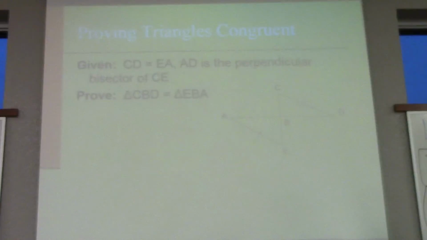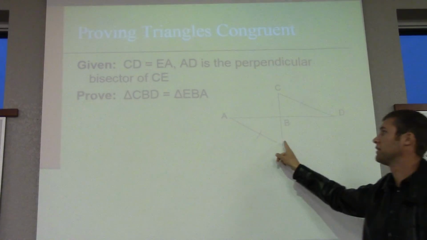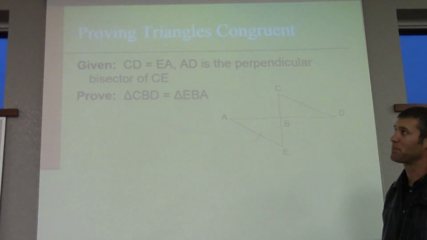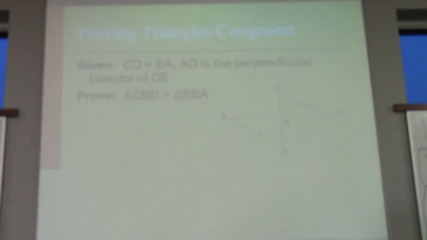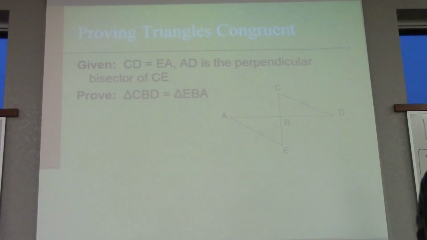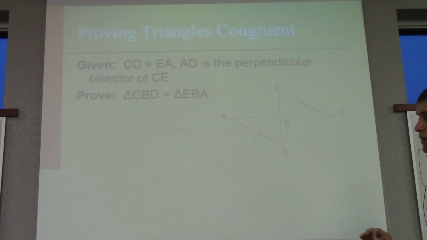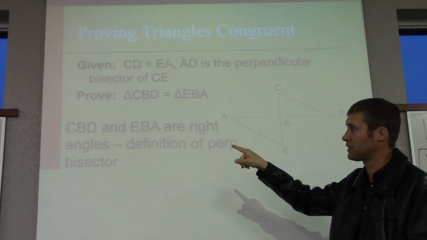All right, last example. CD is equal to EA, right here. AD is the perpendicular bisector, so we need to break that apart. What does it mean to be perpendicular? That means it gives us a right angle, and a bisector means to cut in half. So we'll go through, first of all, perpendicular. So we're going to prove this. If it's perpendicular, we know we have a right triangle.